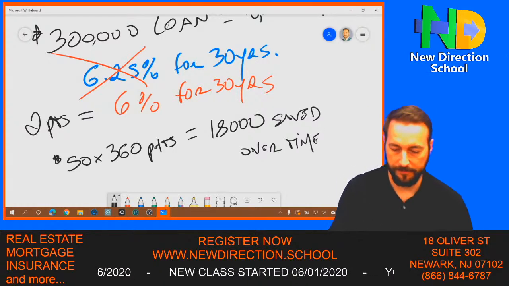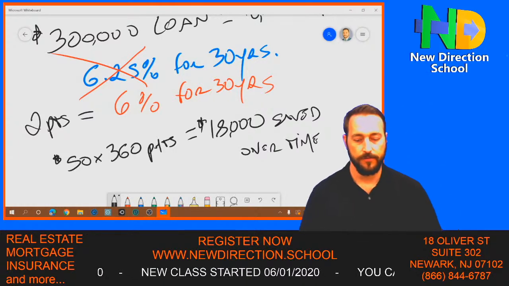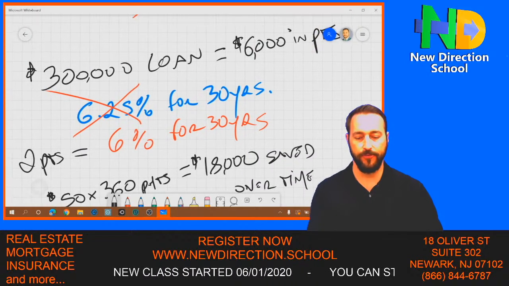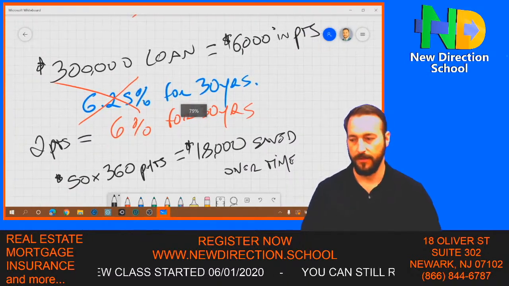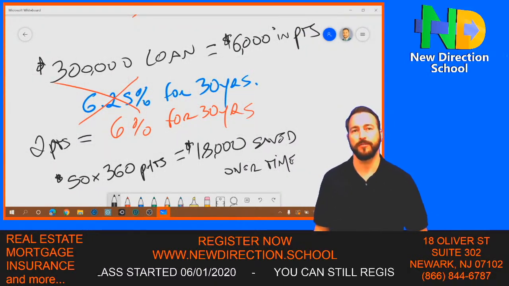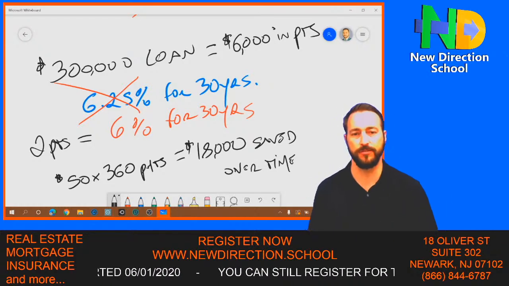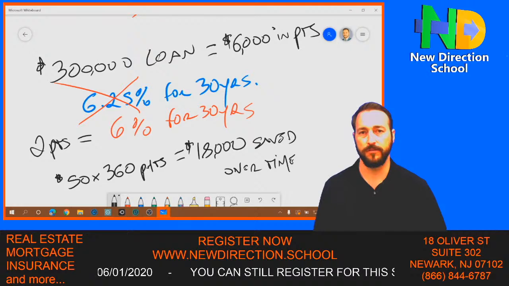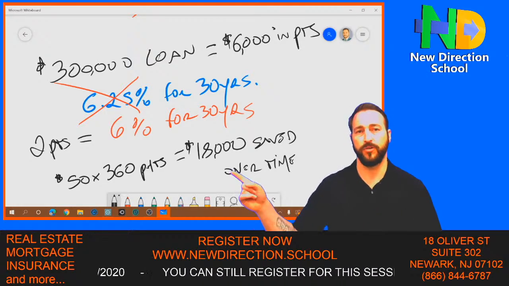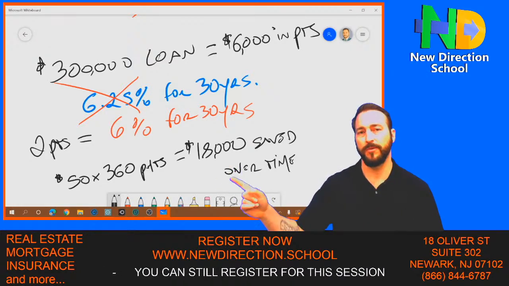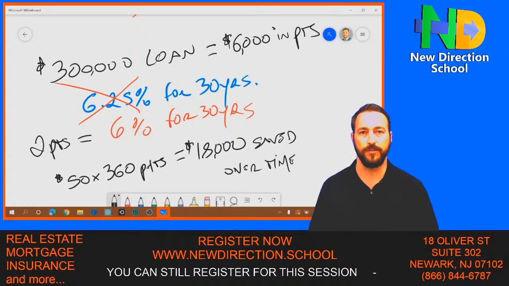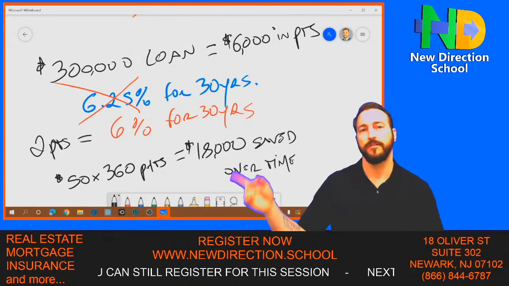You guys understand? So paying points up front is a one-time payment of $6,000. It's like you invested the $6,000, and your return was pretty much 3 times. So how much did you actually save? Over time it's $18,000, and you paid $6,000 up front.